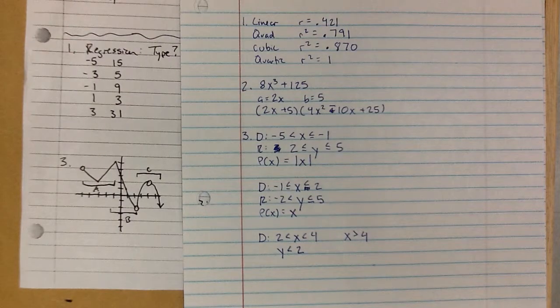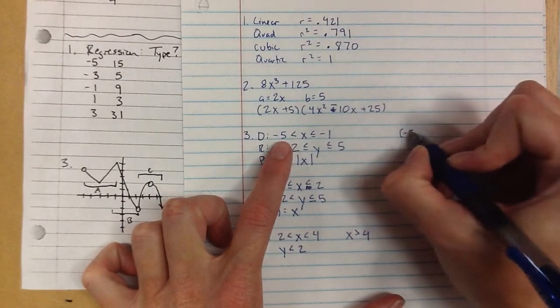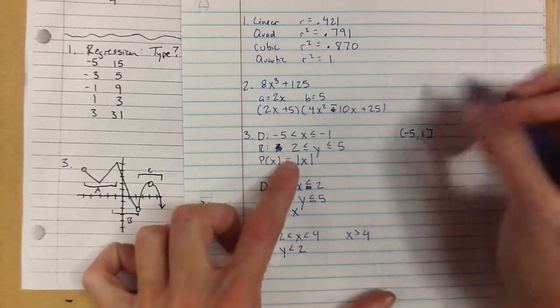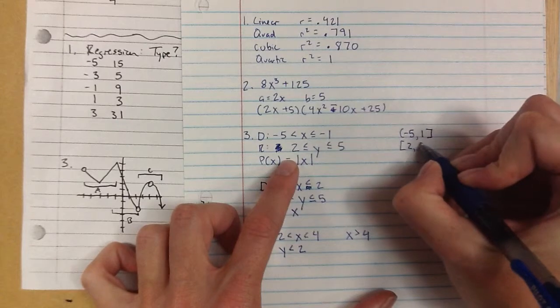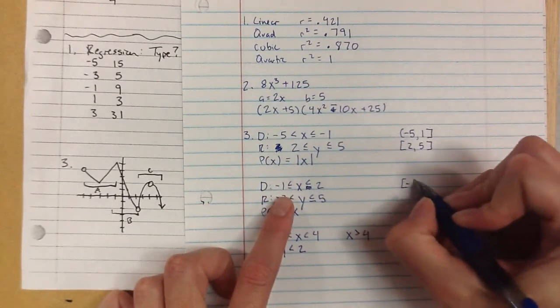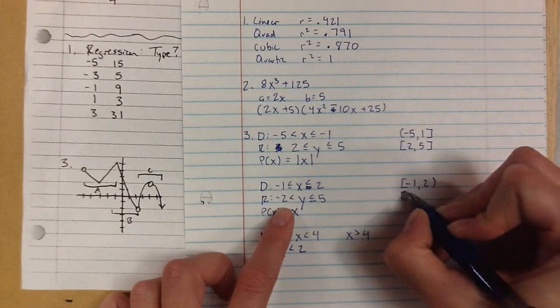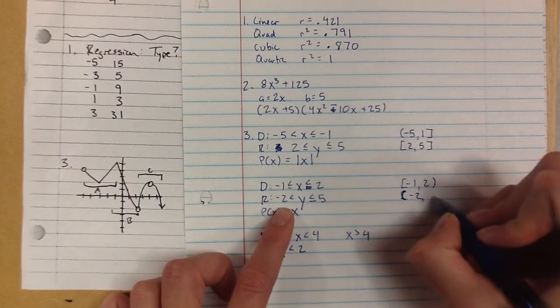We're going to write these things in interval notation. Going back up here to the top, I got -5 to 1, 2 to 5. Down here, -1 to 2, -2 to 5.